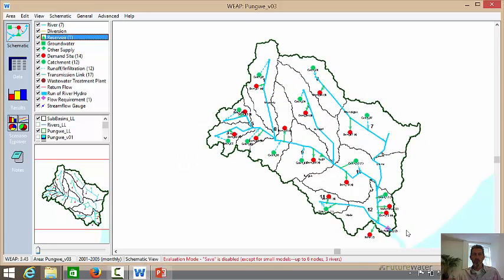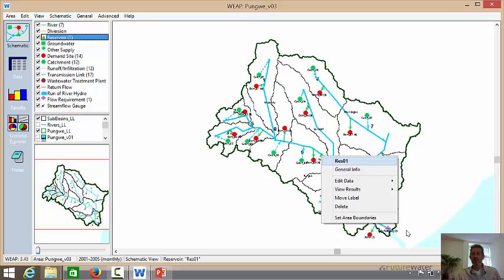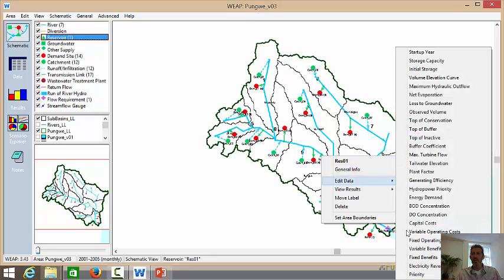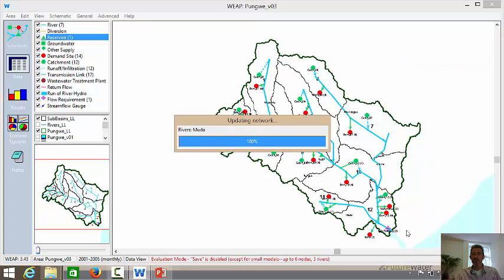And this is how you build a reservoir in WEAP. So now we've got a reservoir built. Of course the only thing we have to provide is what will be the capacity of the reservoir. So in WEAP that's very easy. You go to the reservoir, you press your right mouse button and you say edit data and you say what is the storage capacity of the reservoir.